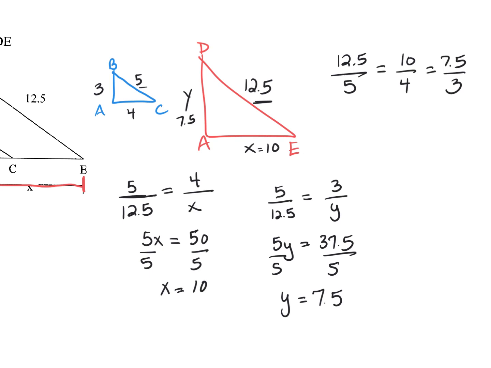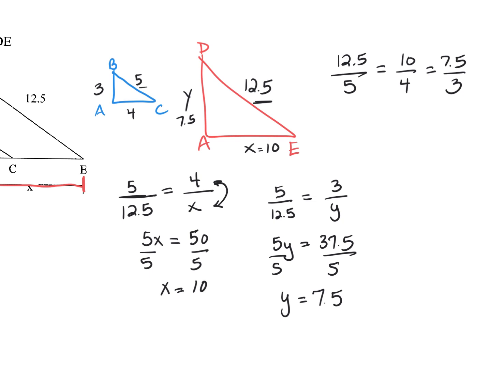When it comes to solving for side length, it doesn't matter what's on top and what's on the bottom. The only time it matters is if we're trying to determine whether the dilation of the figure is an enlargement or a reduction. That's when it makes the difference. I could have reversed these two fractions and still gotten the same answer because the cross products would have been the same.